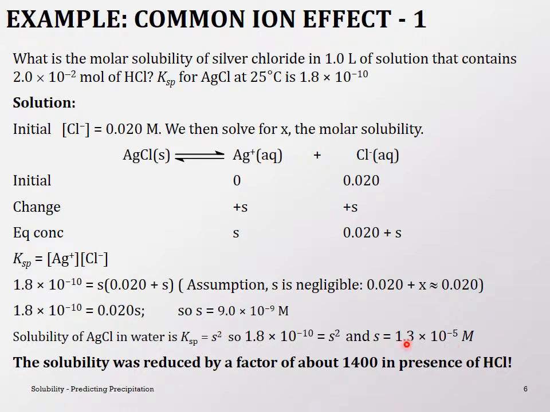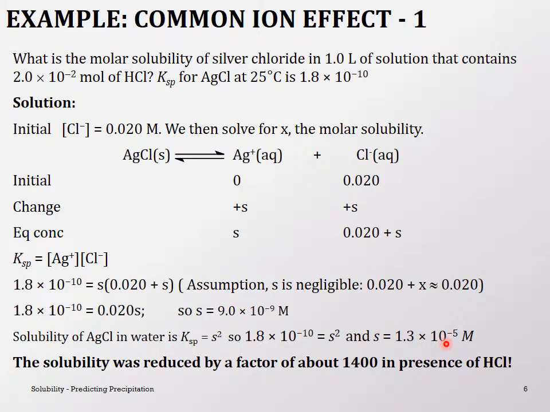So AgCl in water has a Ksp of 1.8 times 10 to the negative 10, which is the normal solubility constant for silver chloride. Because you're getting two ions here, you have S squared, so you take the square root of 1.8 times 10 to the negative 10, and once you calculate for S, this is what you get.